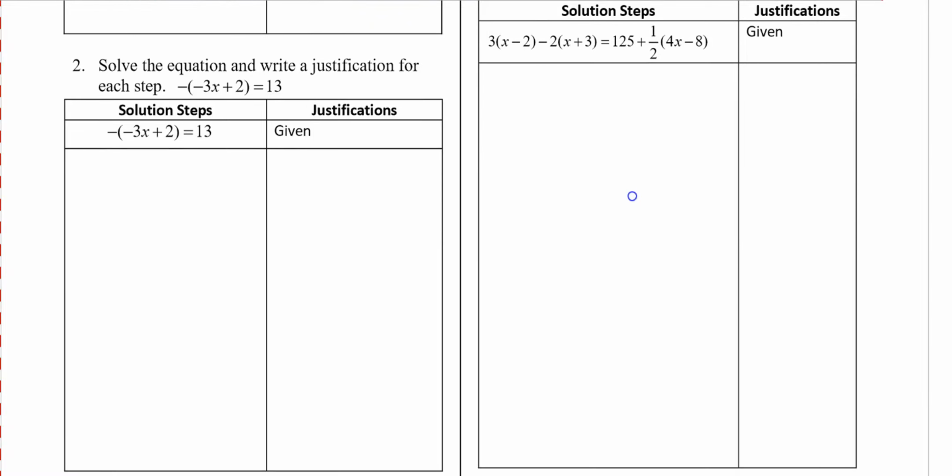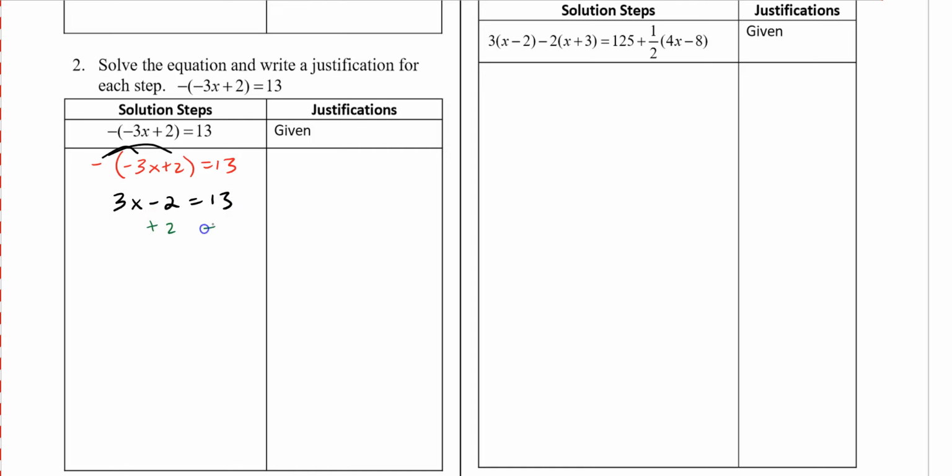Number 2, same idea. I have this negative out front. So the way we're going to get rid of that negative out front is it's going to get distributed into the original problem. So that becomes 3x minus 2 equals positive 13. And then we're just going to solve the rest of it from there.